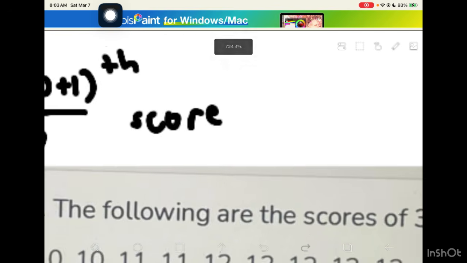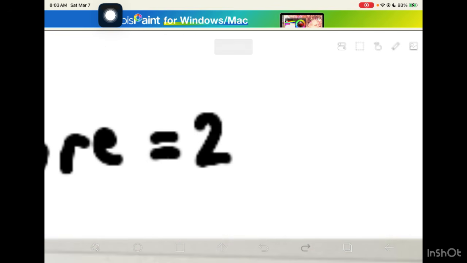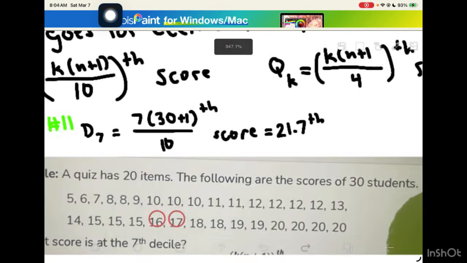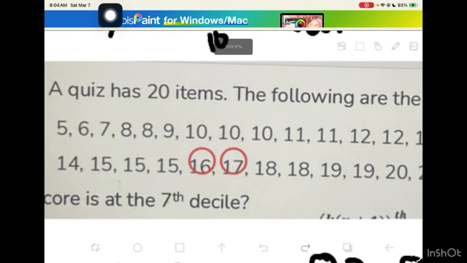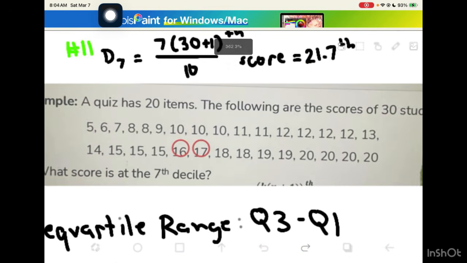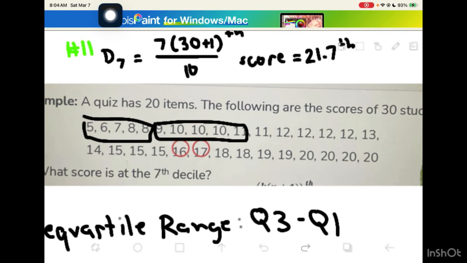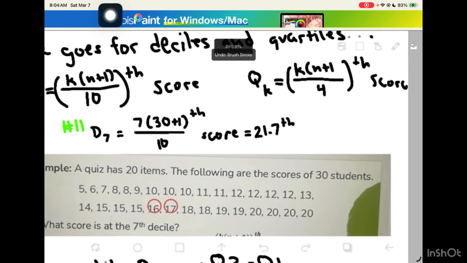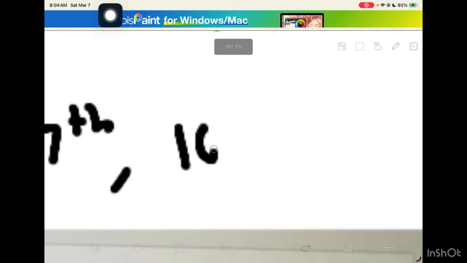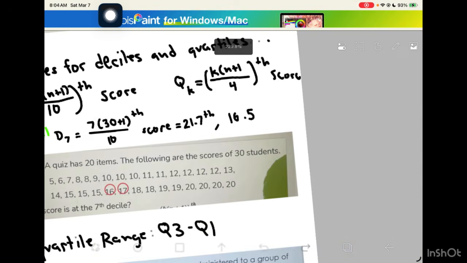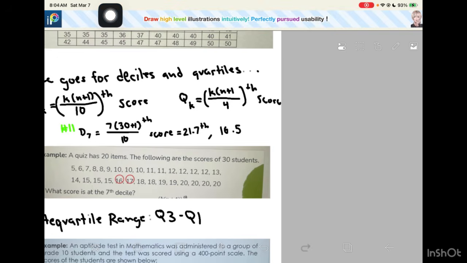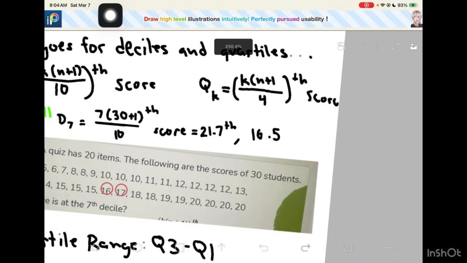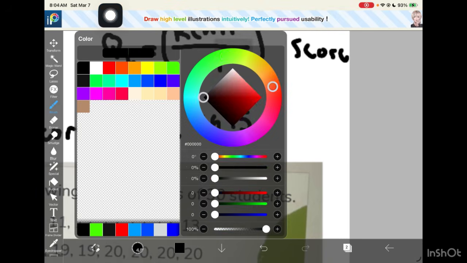That equals to the 21.7th. So we need to find the average between, I think this is 16, right? 5, 10, 15, 16, 20, 21, and 22. Yes, 16 and 17 are the 21st and 22nd. So it's 16.5.